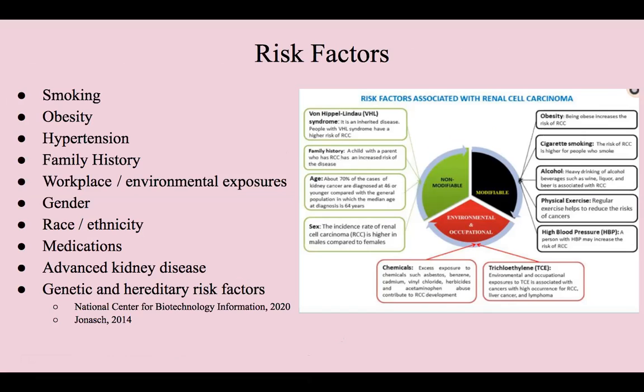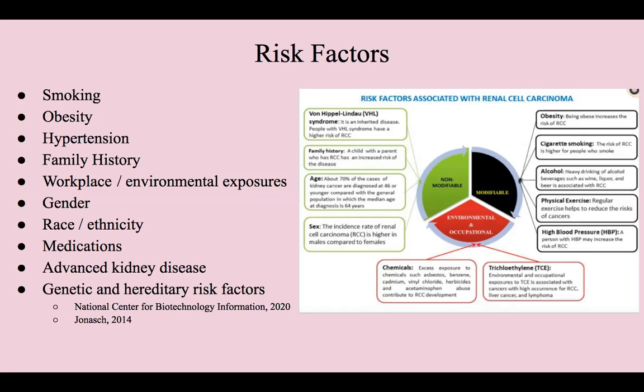Studies suggest that the distribution of RCC histological subtypes is not equivalent in different racial groups. Clear cell RCC is most common in Caucasian populations, and papillary RCC is most common in people of African or Afro-Caribbean descent.